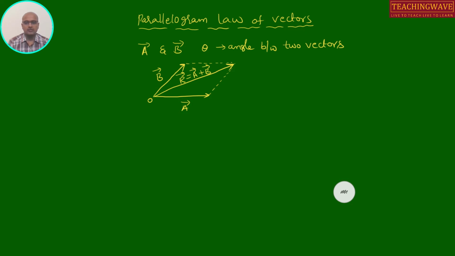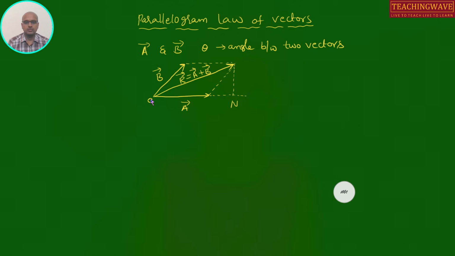That's why I extend the vector A bar and draw the foot of the perpendicular from the tip of the resultant vector. The foot of the perpendicular line intersects the extended line of vector A bar at N.